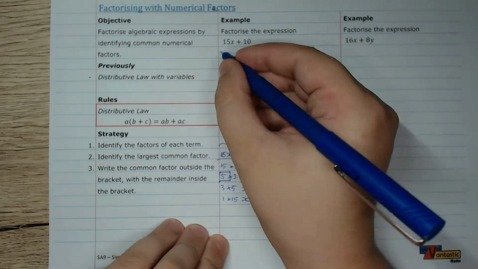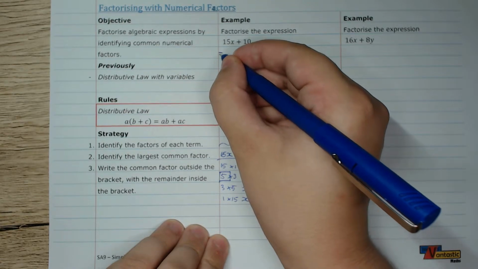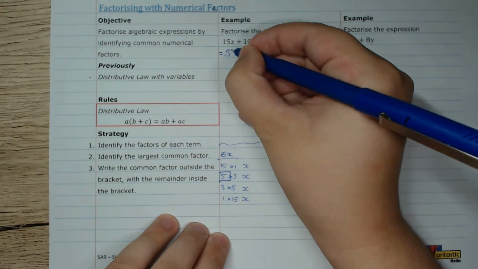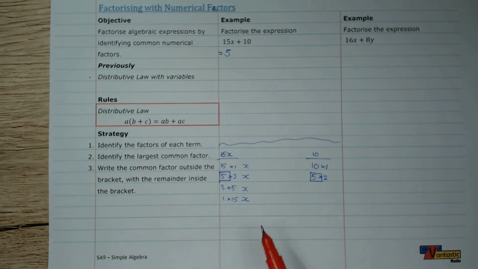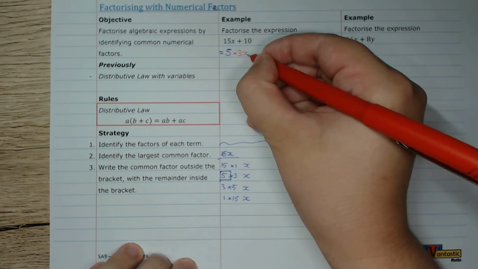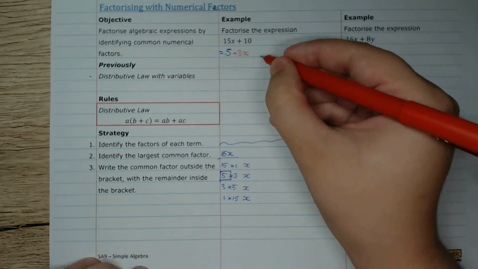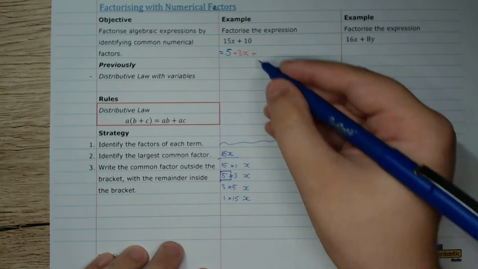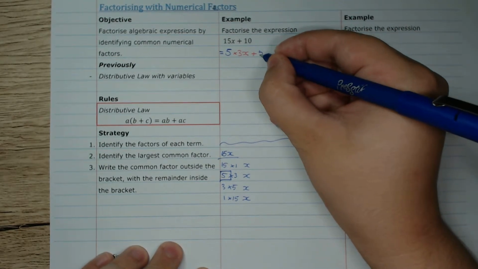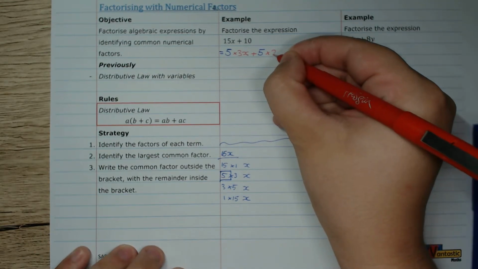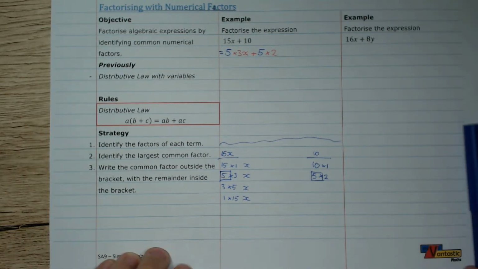So this expression is equivalent to saying, well, 5, and the remainder here was 3x, so times 3x plus, and here we have 5 times 10, 5 times 2 makes 10, so 5 times 2. There is a purpose for these different colors.